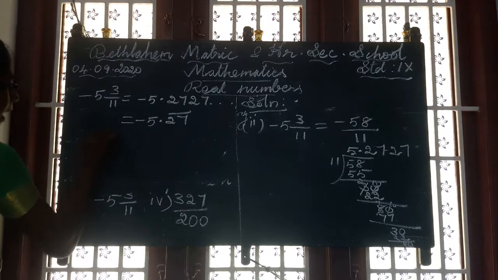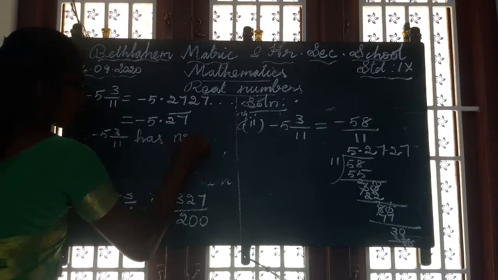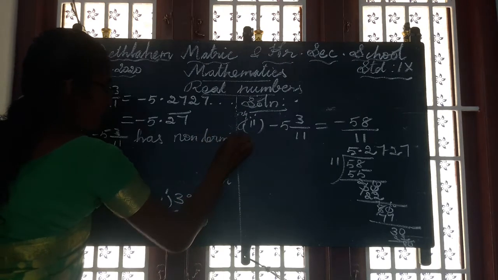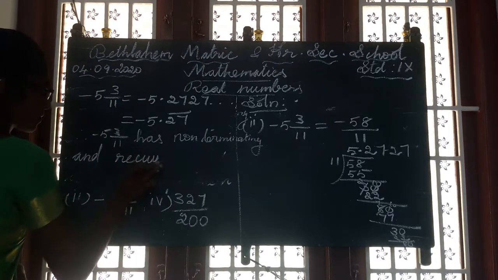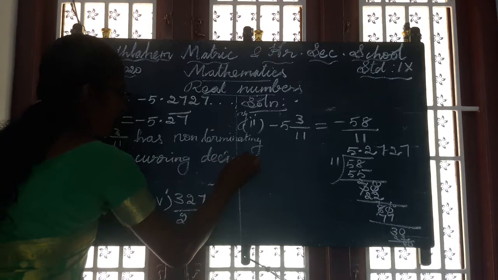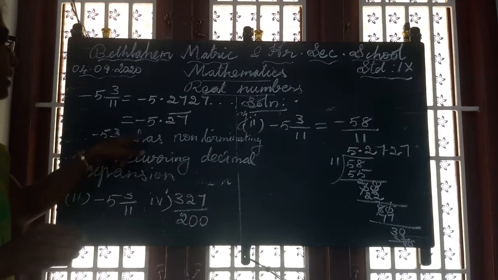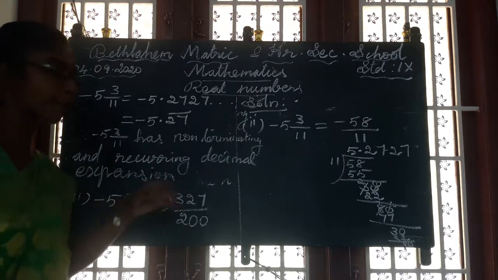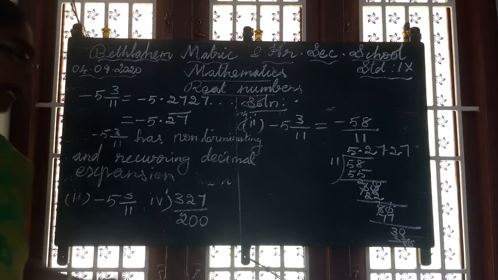Therefore, minus 5 3 by 11, it is going as 2 7 like that, repeating. So we can write it has non-terminating and recurring decimal expansion.